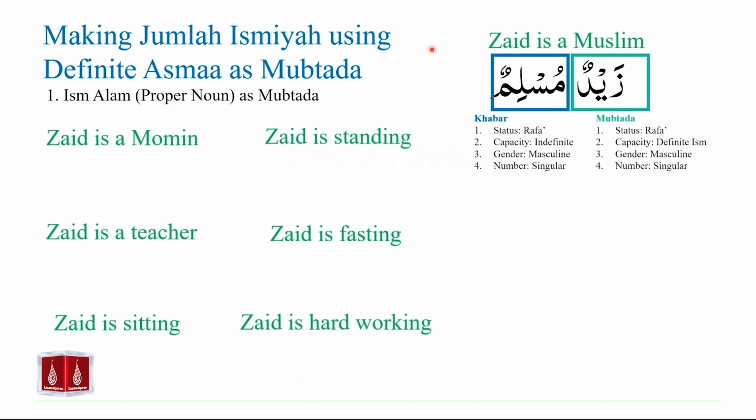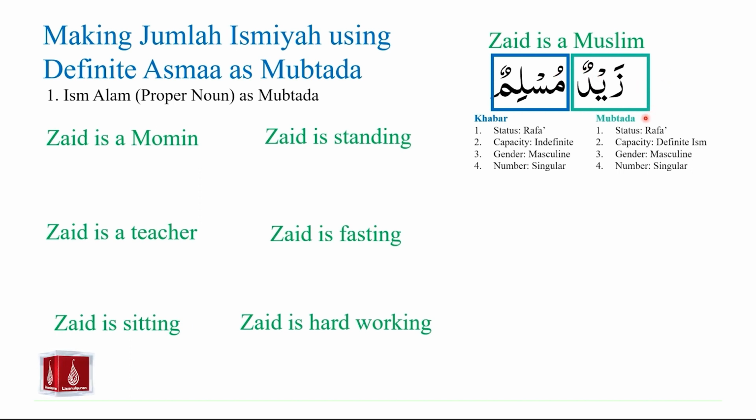We will now do some practice of jumla ismia using ism alam or proper noun as mubtada. The example that we have here is Zaid is a Muslim, and the translation of it will be Zaidun Muslimun.